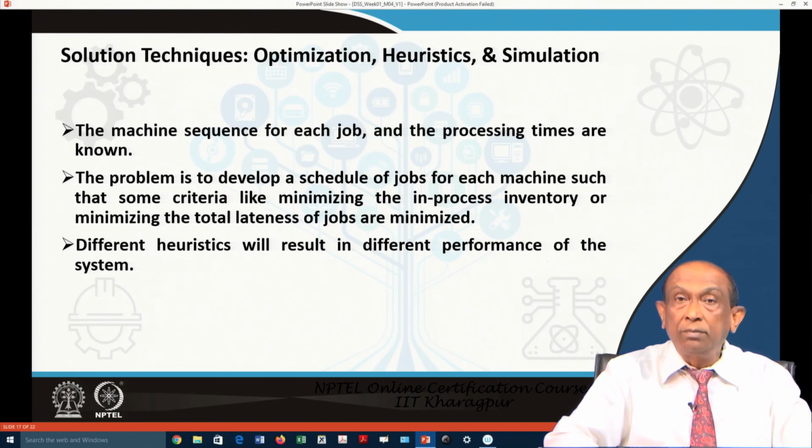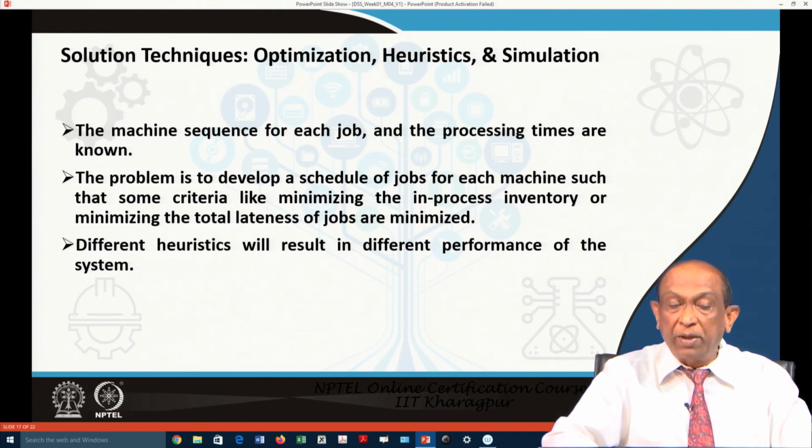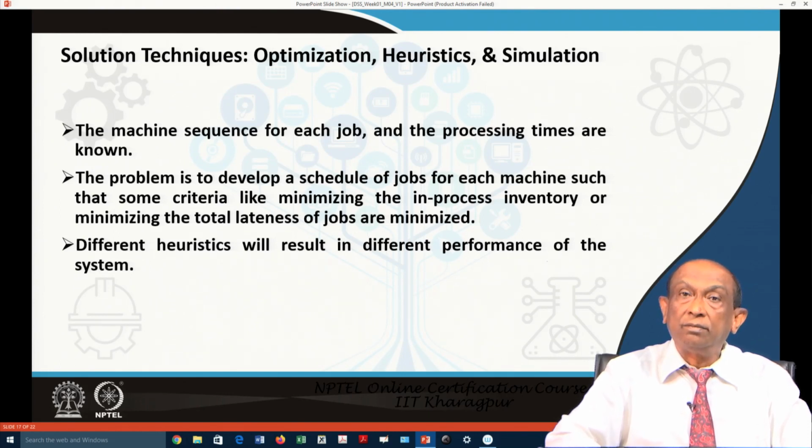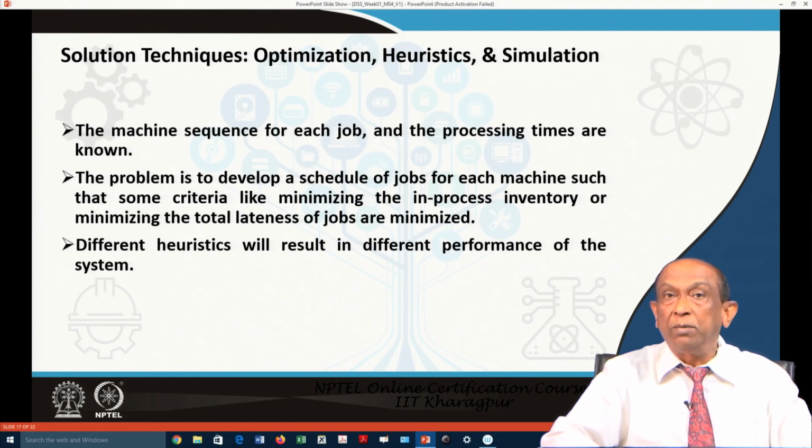The problem is basically to develop a schedule for those jobs for each machine, such that some criteria, like say minimizing the in process inventory or minimizing the total lateness of jobs, is met.